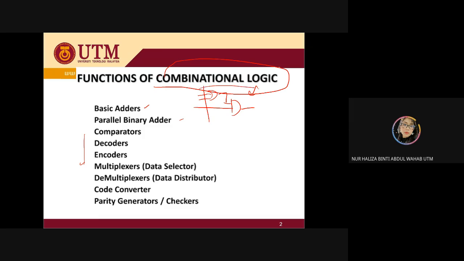But with all this combination, you can have one function. Let's say it's going to be an adder. Combined another way, it's going to be a comparator. Combined, it can be a decoder, encoder, and so on. So that is what you're going to learn in module 6.